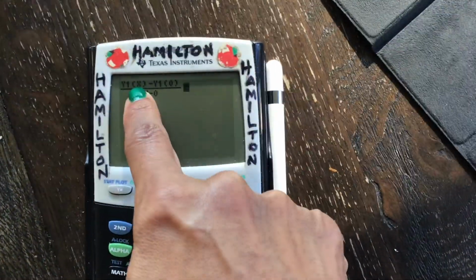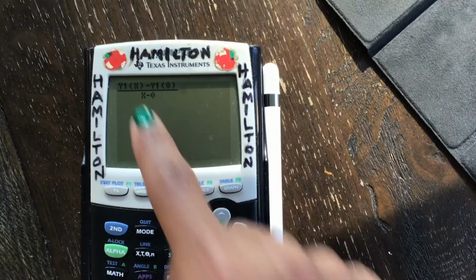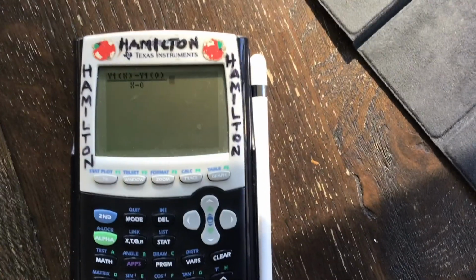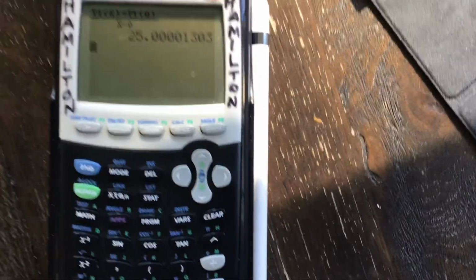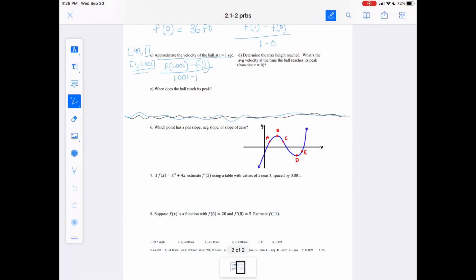So I've got y1 of that x minus y1 of 0 over x minus 0. We hit enter, and it is approximately 25 feet per second. And E is our bonus question. We needed E in order to get D. So when did that ball reach its peak? We can pull up that X value and say that was at 1.562 seconds.